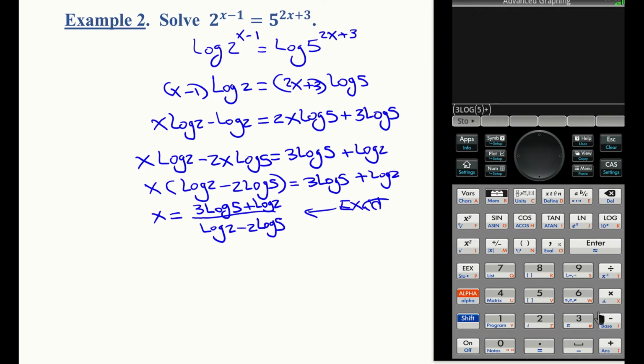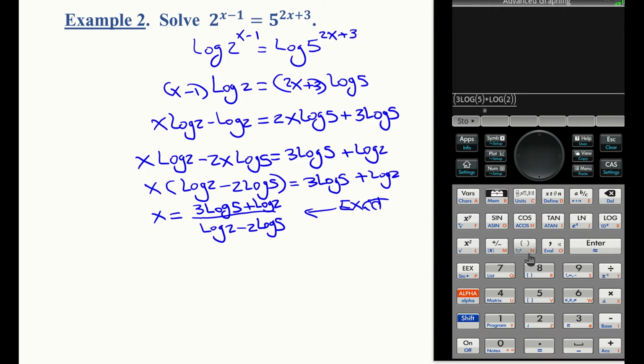So plus log of 2. I like to show these because a lot of times students don't have much problem with the first part. They have a problem plugging this into a calculator. So I always think it's a good idea just to walk through this with you.